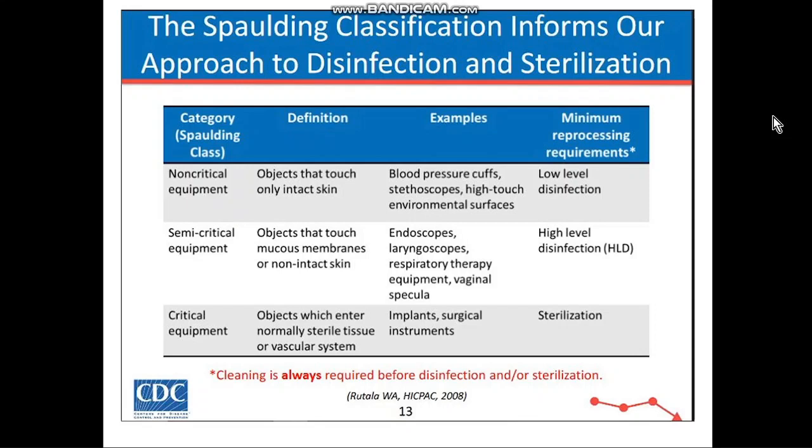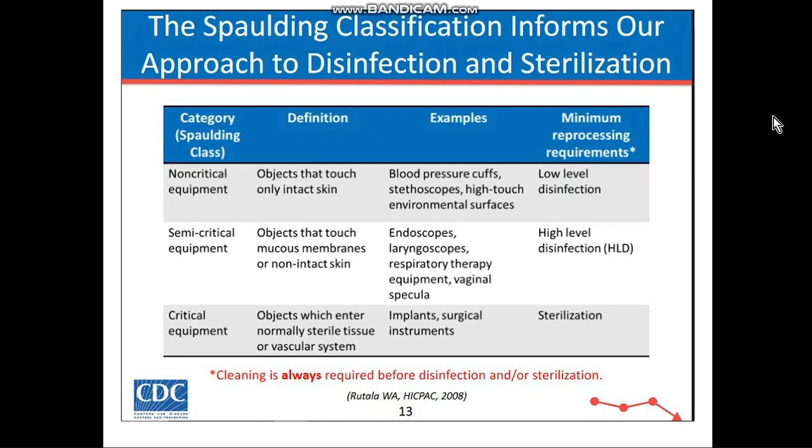The non-critical equipment are the objects that touch only intact skin. Examples are blood pressure cuffs, stethoscopes, and high-touch environmental surfaces, and they should be reprocessed or disinfected by low-level disinfection. Examples of low-level disinfectants are quaternary ammonium compounds, chlorhexidine, etc. Next is semi-critical equipment.